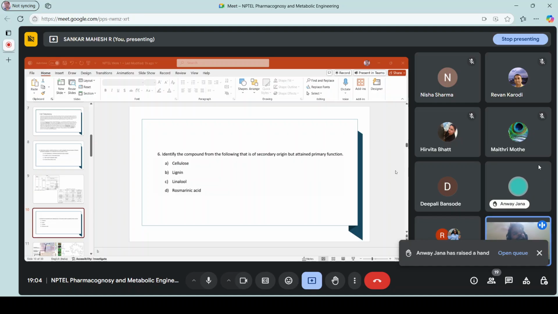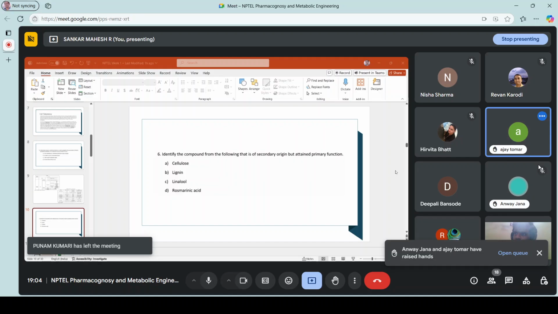Can cells break down cellulose to use it as a carbohydrate? Is it like starch? Does anyone have an idea about that? Yeah, Ajay. As a reserve energy. So you are saying it could be used as energy storage. Okay.